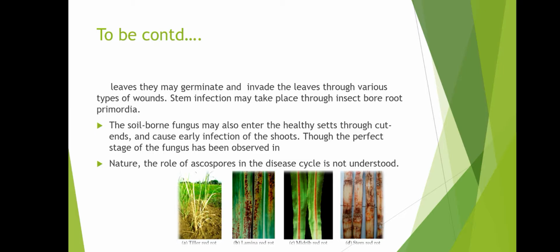Stem infection may take place through insect bores and root primordia. The soilborne fungus may also enter the healthy seeds through cut ends and cause early infection to the shoots. Though the perfect stage of the fungus has been observed in nature, the role of ascospores in the disease cycle is not understood yet.